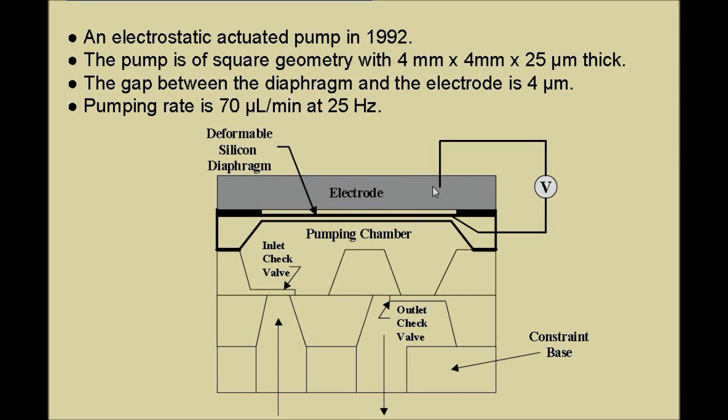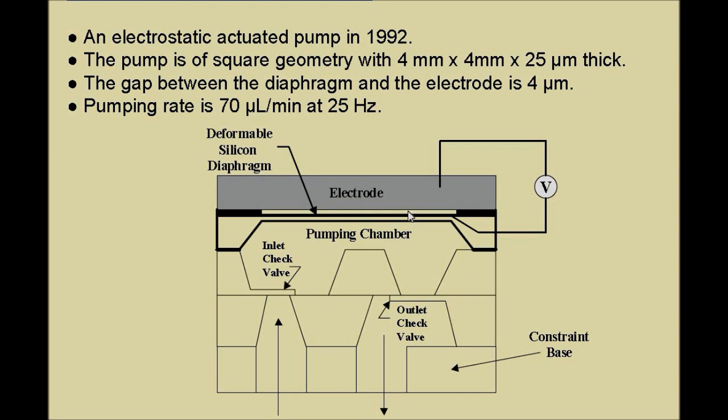So this is a capacitor arrangement, and we produce electrostatic force by applying a voltage or an EMF. Whenever deformation takes place in this plate, that is the actuation, followed by the pumping chamber. We will see what happens in this pumping chamber if a deformation takes place due to the actuation.